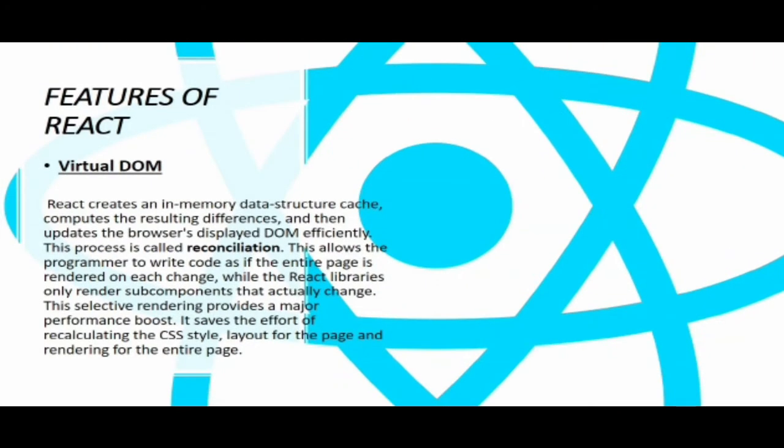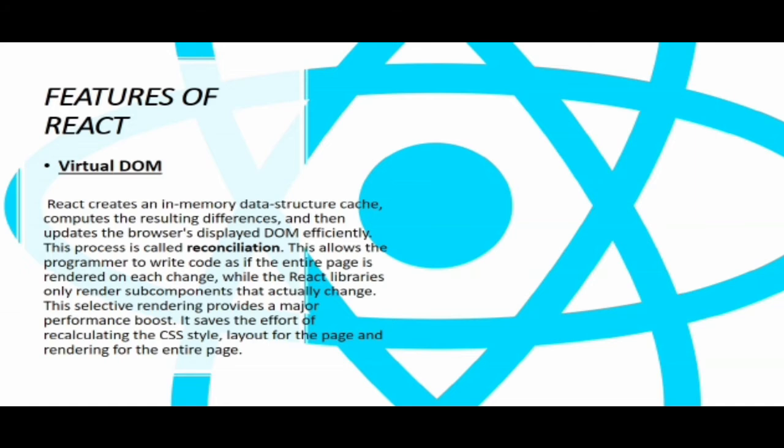Virtual DOM. React creates an in-memory data structure cache, computes the resulting differences, and then updates the browser's displayed DOM efficiently. This process is called reconciliation.